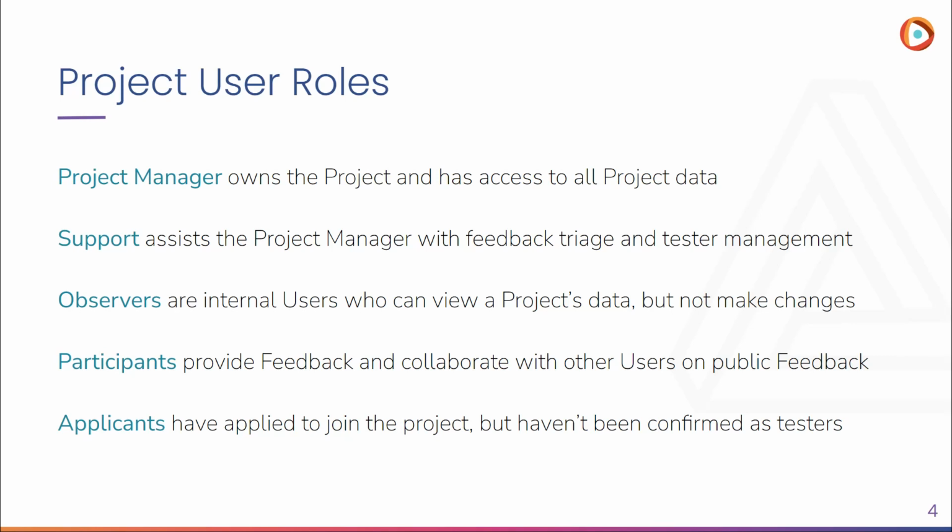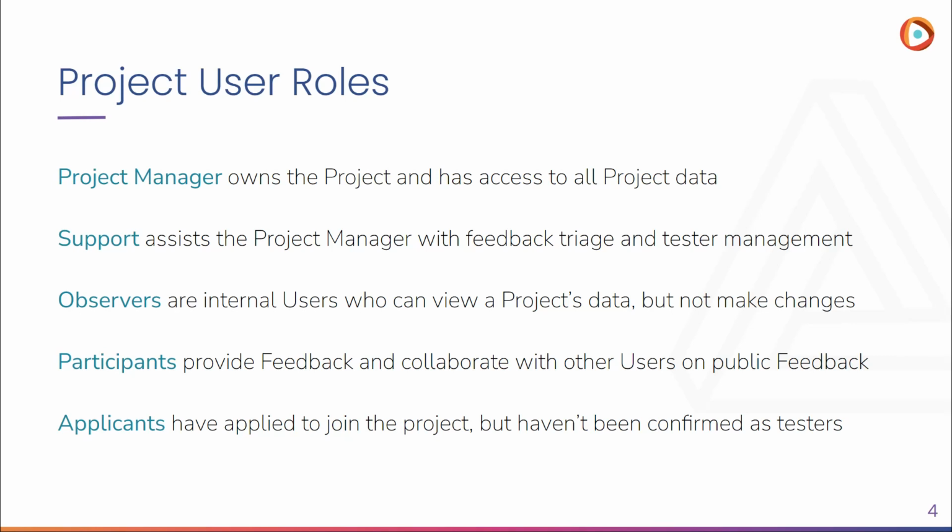Then we go in and validate them, make sure that we select the right testers for the project, and then as project managers, we move them into the participant user role. So this is the breakdown of the project user roles right here.